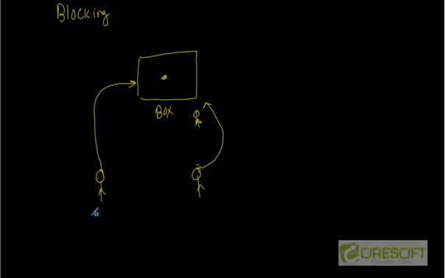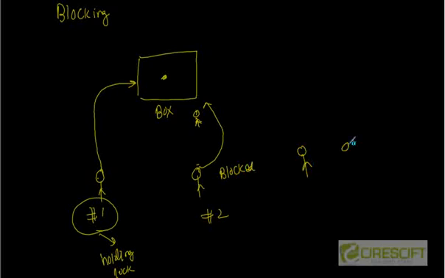So if this is number one and number two, we say that number one is currently holding the lock and person number two is blocked. And imagine if you have another person, they're all waiting to access this box.